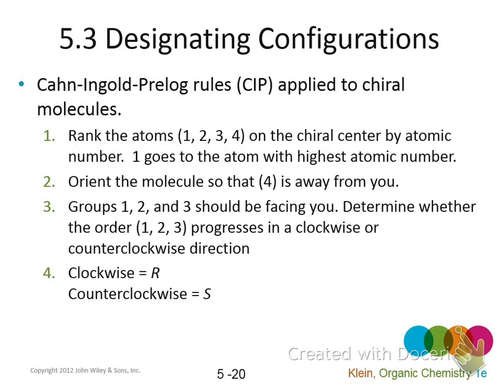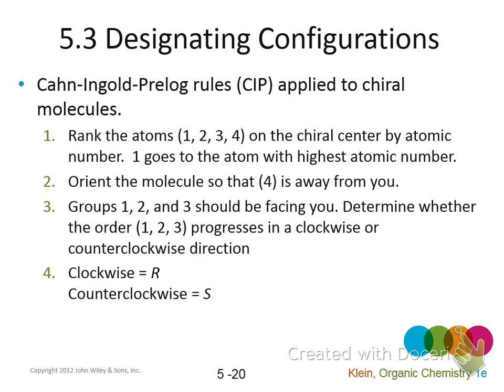So if it was a molecule like this, and this is actually hydrogen, and I was looking at it like that, in order to orient the molecule to assign the CIP designation, I'd have to rotate it like this, so that this group was in the back, okay?